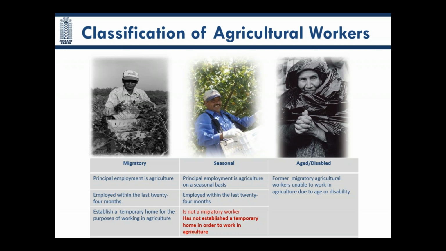Migratory workers, again, are establishing a temporary home to work in agriculture. A seasonal worker did not establish a temporary home. And then an aged and disabled worker is a former migratory worker who's no longer able to work in ag due to age or disability. And then, of course, the family members will be classified the same as the ag worker family member.